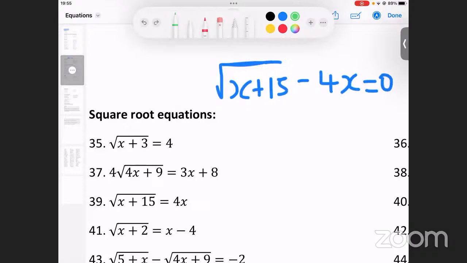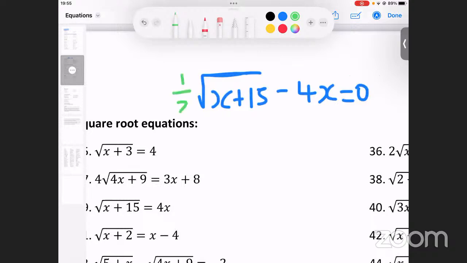If it's not an invisible one, it could be a half. If not a half, it could be a quarter. Sometimes it could be 2. Just know that there's something there. There will always be something there. So when we say you isolate, whether it is a quarter or a half, you just leave it on the other side.